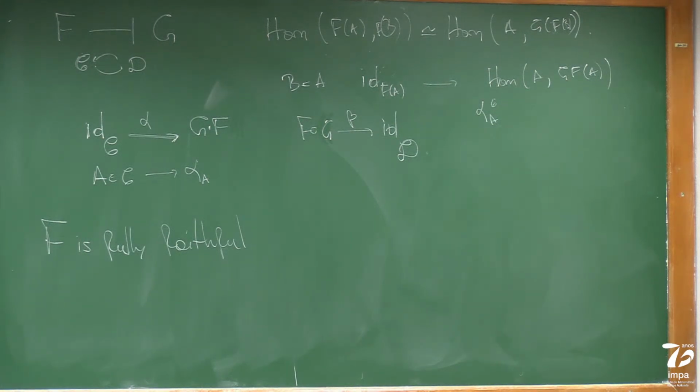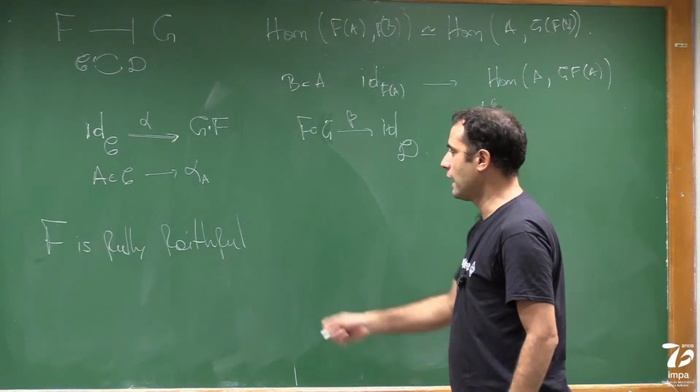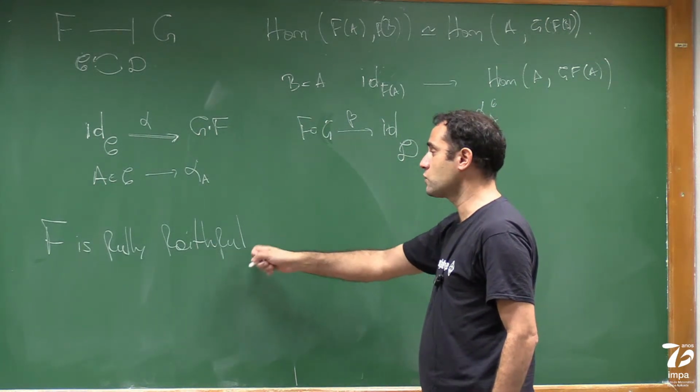So F is a left adjoint to G, and on top of that, it's this extra condition of F being fully faithful.